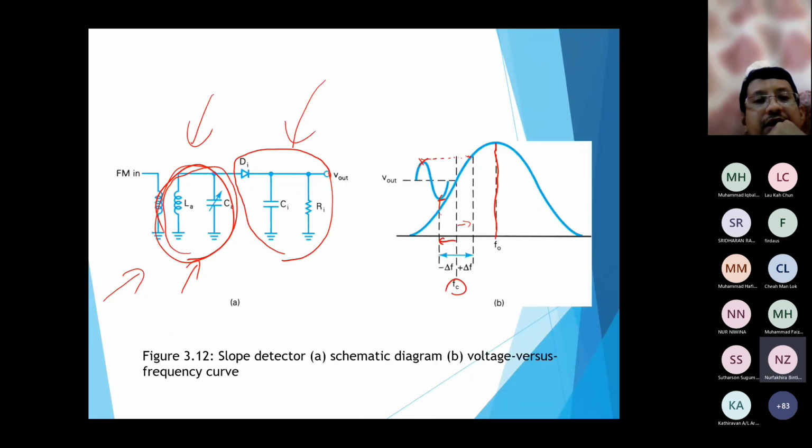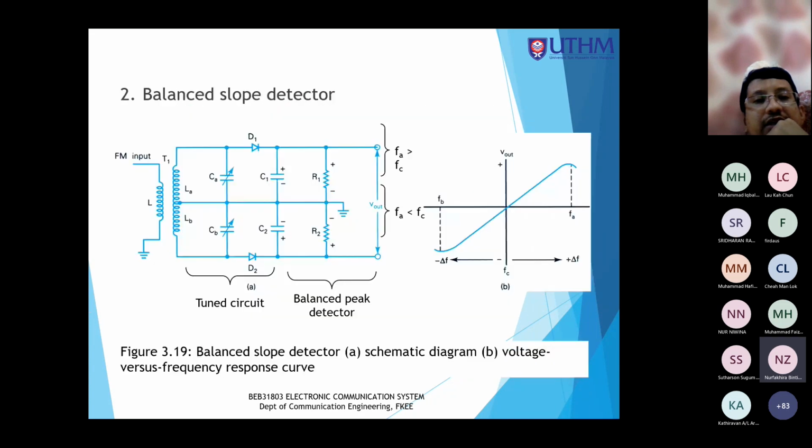Okay. And if you look at the other types of demodulator, it is what we call a balanced slope detector. So balanced slope detector consists of two slope detectors.